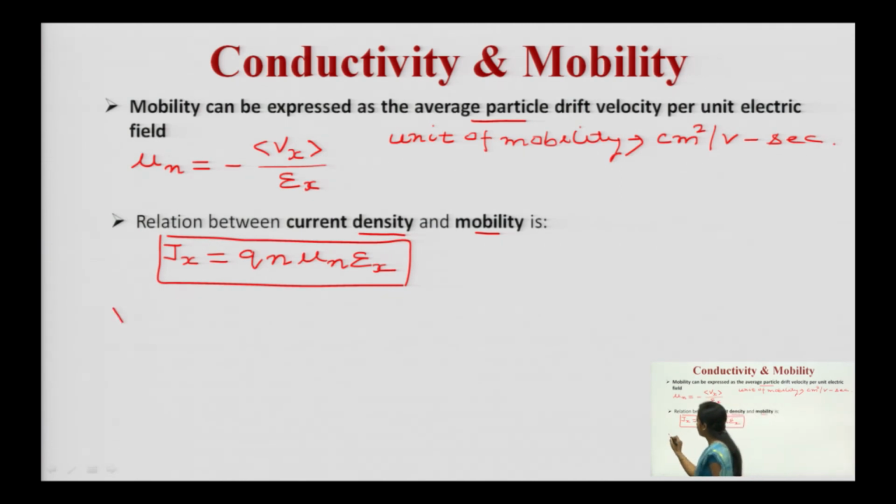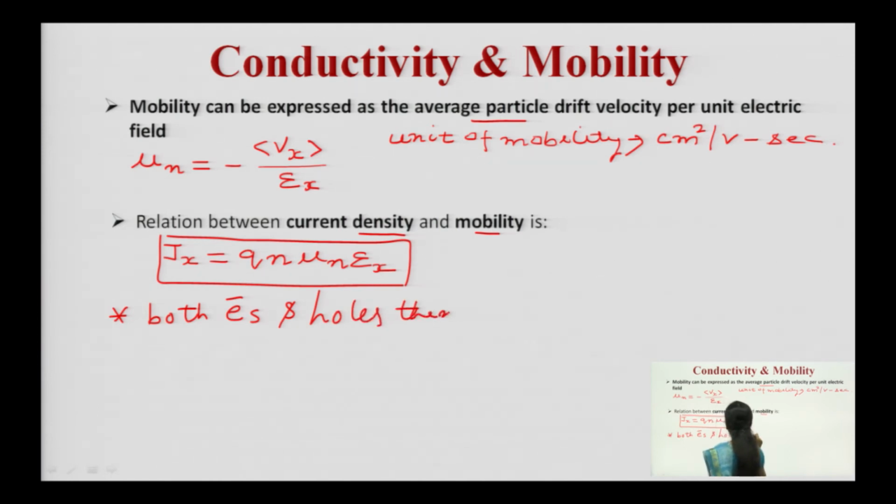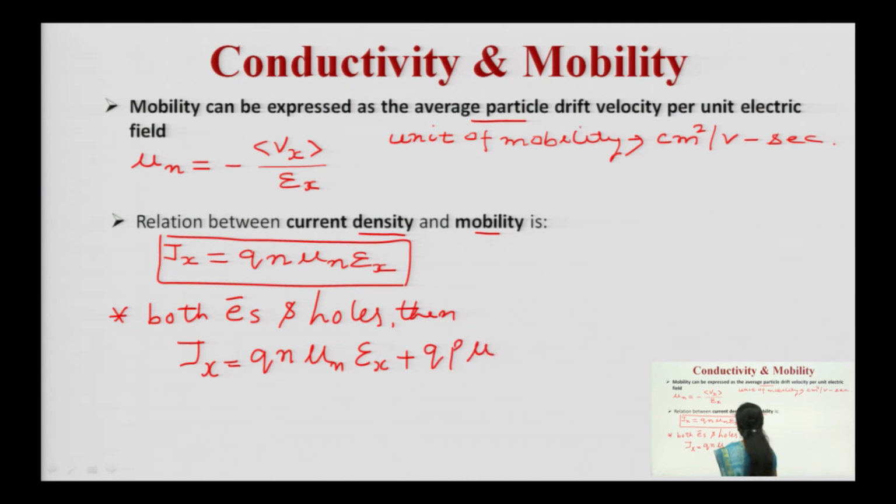So, if you are going to consider both electrons and holes, then this equation can be written as q n μn into Ex, which is for the electrons, plus q p μp into Ex, which is for the holes. It means Jx is what?